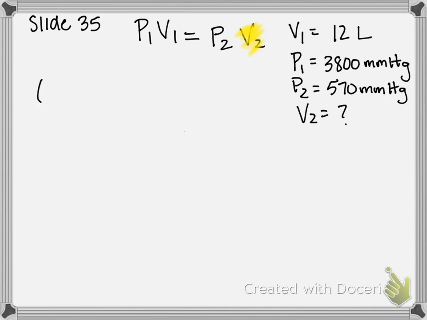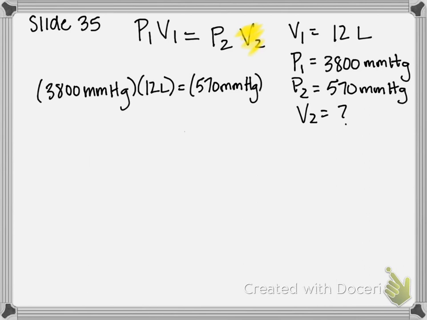So P1 would be 3,800 millimeters mercury. V1 is 12 liters, and we set that equal to our 570 millimeters mercury multiplied by our V2, which we don't know at this point.